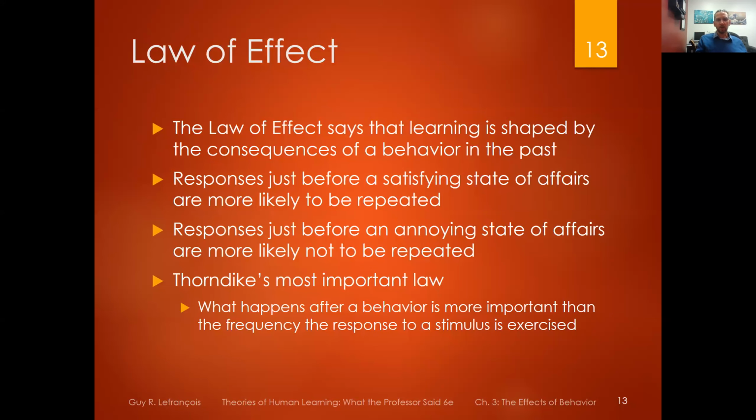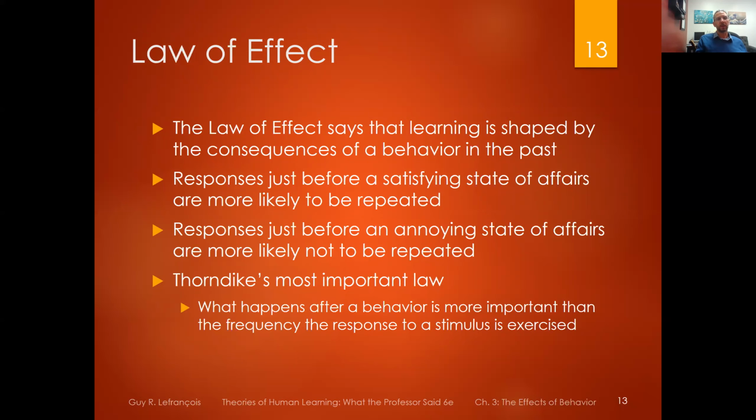The second law is the law of effect, and it argues that learning is shaped by the consequences of the behavior in the past. So if you do something and then following that behavior, there's generally a satisfying state of affairs, then you're more likely to do it again.